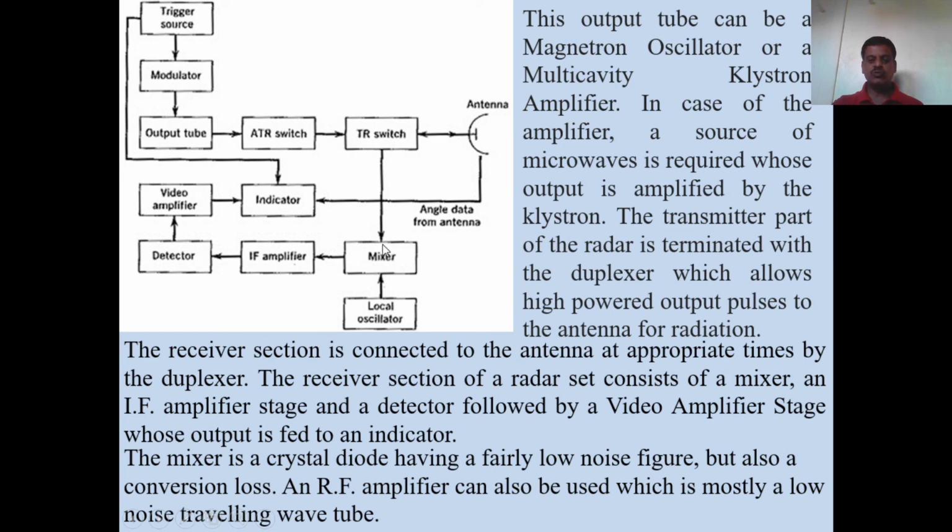mixer has two inputs, one from the antenna, that is the high frequency or reflected signal, which comes from the antenna, and another frequency that is produced by the local oscillator is also provided to the mixer, and this mixer is a crystal diode, and this mixer has a low noise figure, but it has some conversion losses.